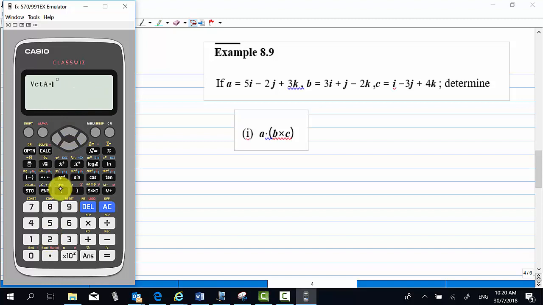Then open bracket, vector B. So select vector B now. Cross. Then option again, vector C. Then close the bracket. All right, then equal. So the answer is minus 12.